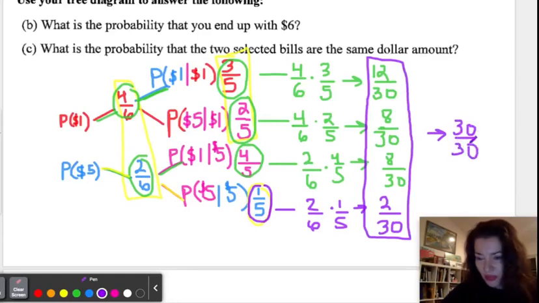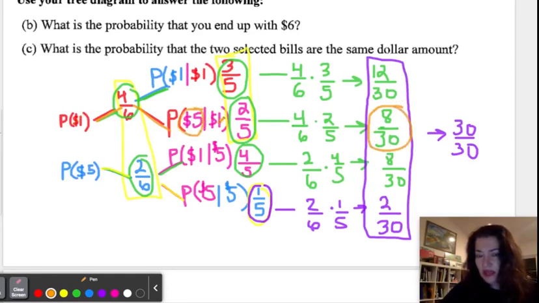Now that we have the tree diagram, we can easily answer the question, what is the probability that you end up with $6? Well, all you need to do is look across the branches, and I'm going to highlight where $6 is. So this represents picking $1 the first time. That would mean I follow this path, and then this represents picking $5 the second time. 8 out of 30 is $6 because I have $1 and $5.